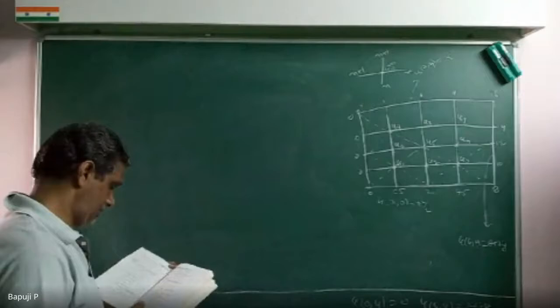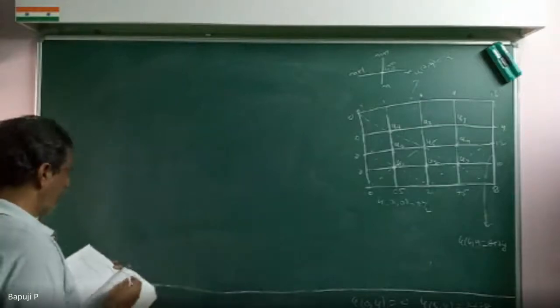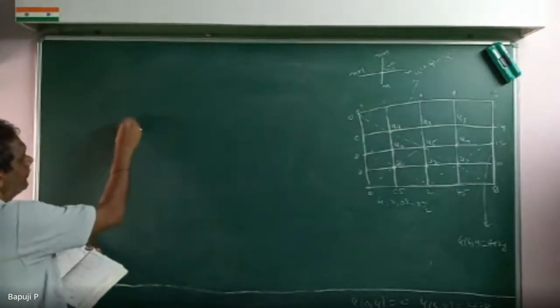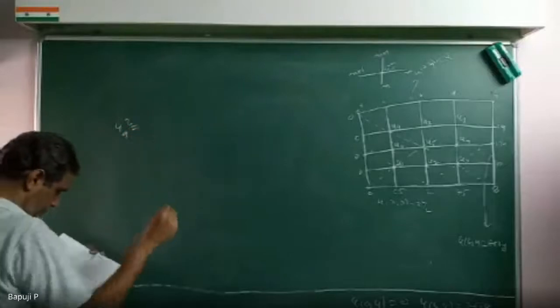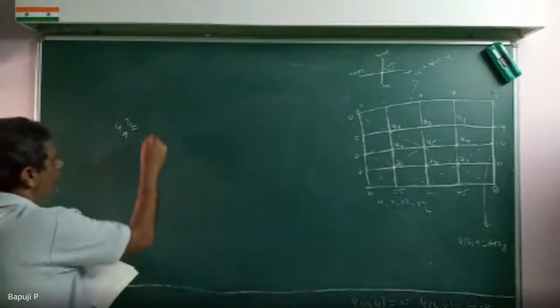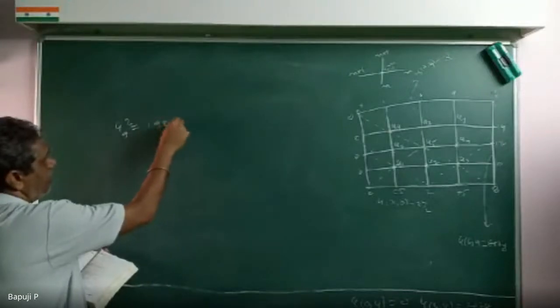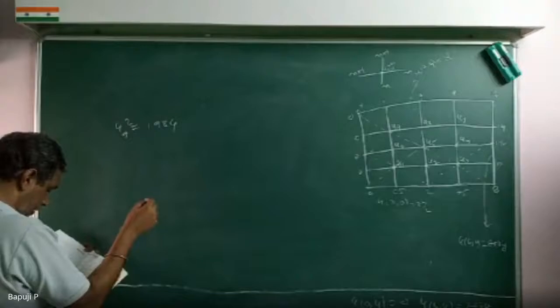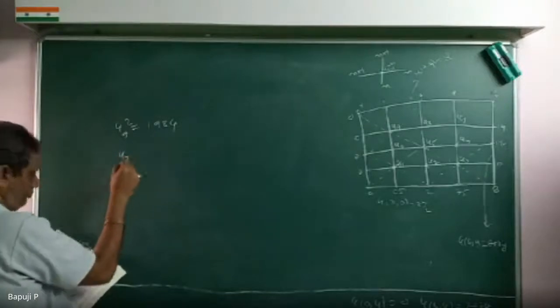Similarly, the second iteration you are getting. I'm not writing the formula, you can just note down the values, you can do the same story. Put n is equal to 1, you will get 2.